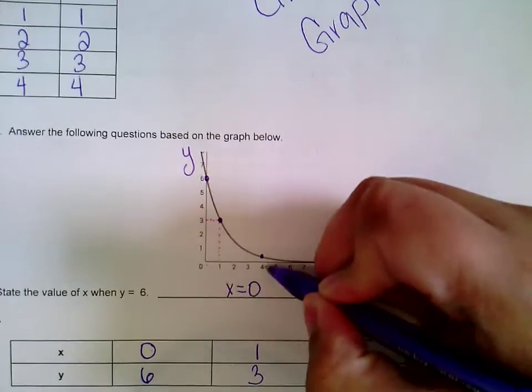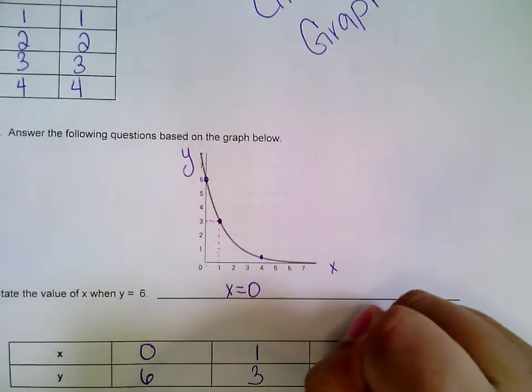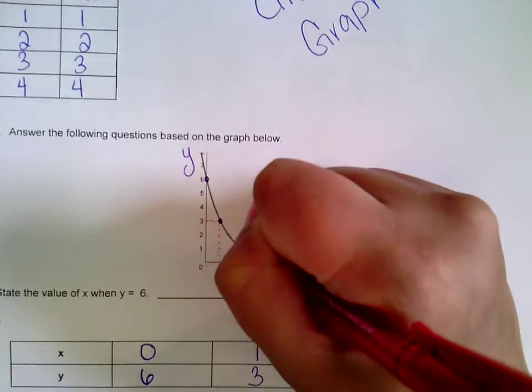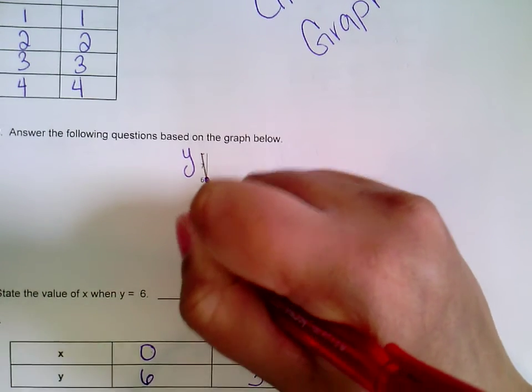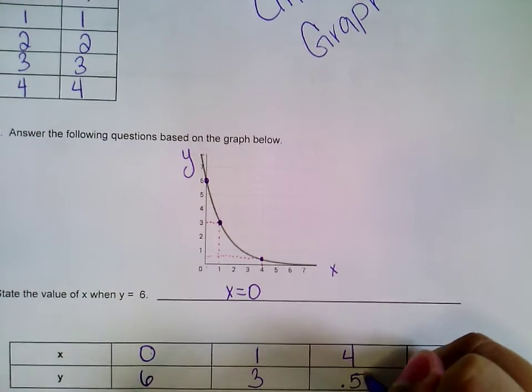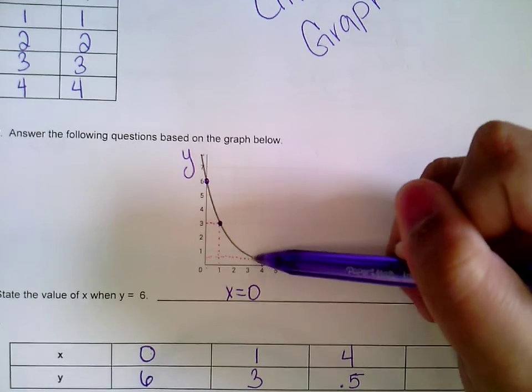Okay, so when x is 4, I have that. That's x is 4. What is y? When x is 4, y is somewhere between 0 and 1. So let's make that 0.5, 1/2. So when x is 4, y is 1/2.